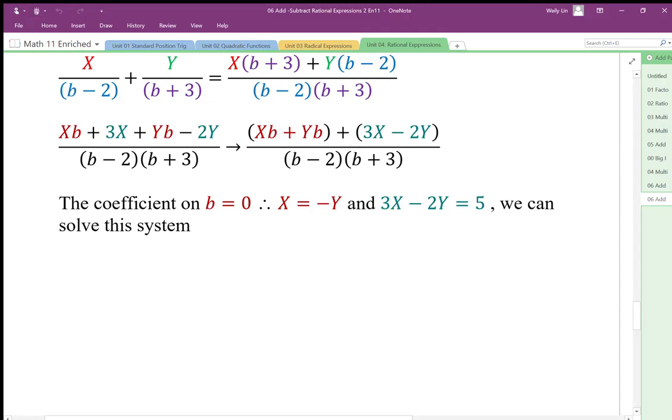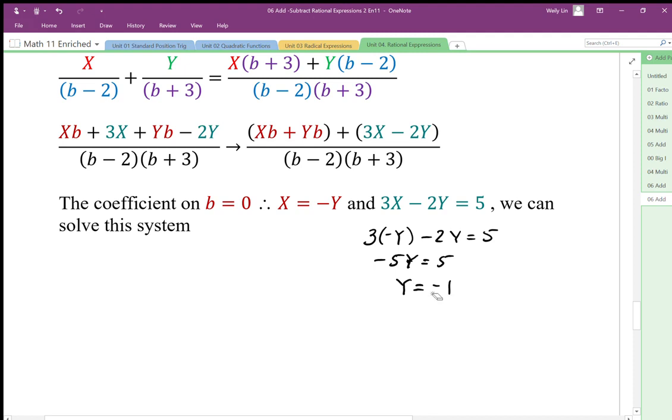I'm just going to do substitution. I'm going to replace the x with negative y, so I'm going to go 3 times negative y minus 2y equals 5. So I get negative 5y equals 5. So I know that y is equal to negative 1.